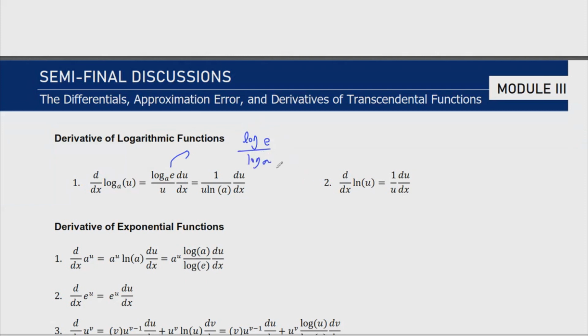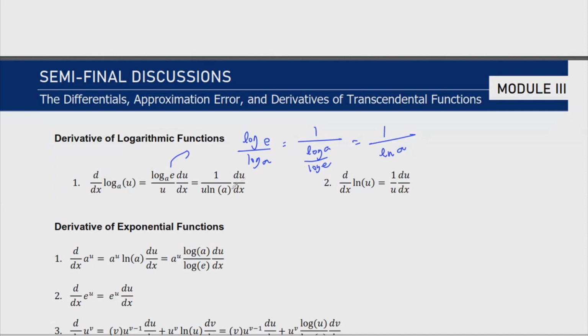And then instead of expressing this in terms of this expression, we can actually use 1 and then over this log of a over log of e, and then this is actually equal to 1 over ln of a.